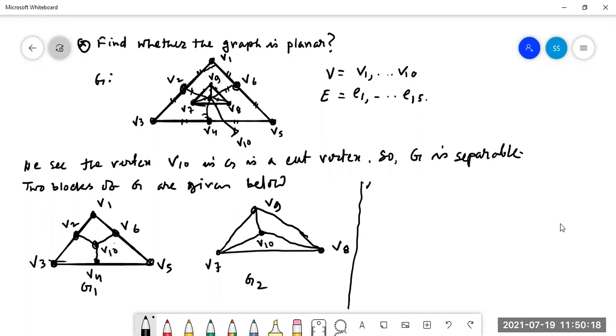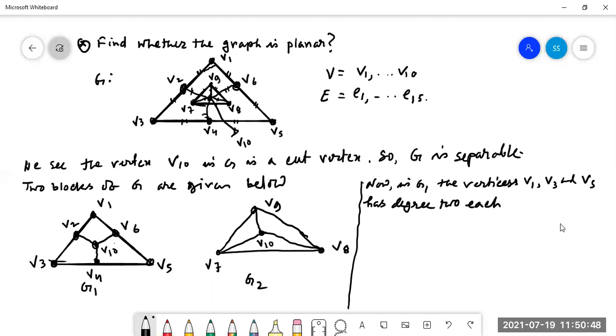Now in G1, the vertices V1, V3, and V5 have degree 2 each.